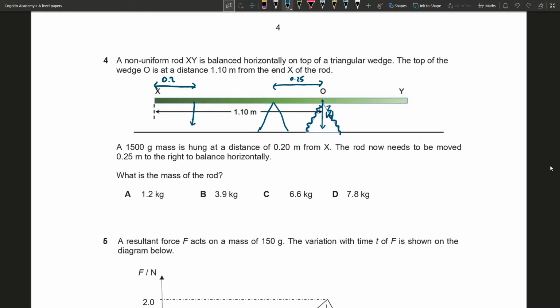Pretty simple here, we just use our moments. The anti-clockwise moment given by this 1.5 kg weight is equal to the clockwise moment given by the weight of the rod. Let's call this weight W.